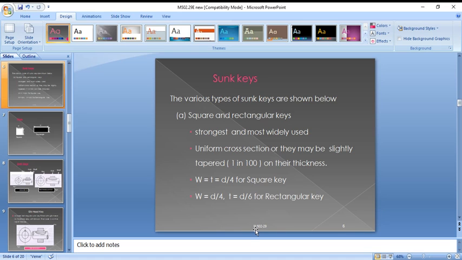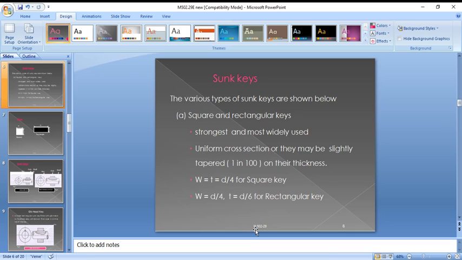The first one is the square and rectangular sunk key. It is the simple type of key. The rectangular sunk key has a rectangular cross section, and the square one has a square cross section.